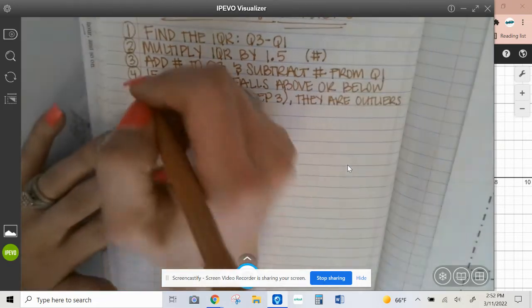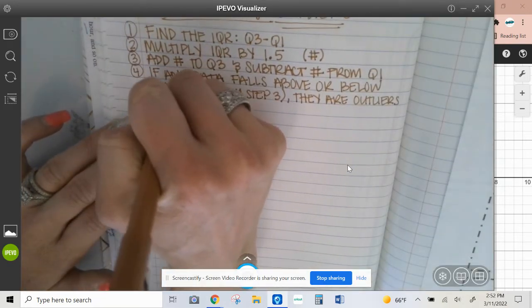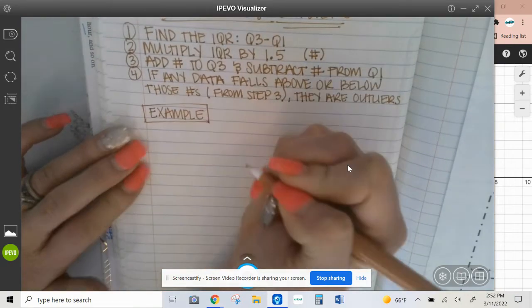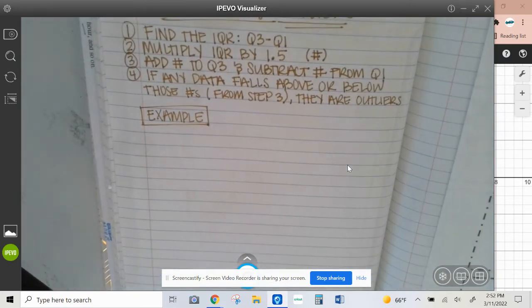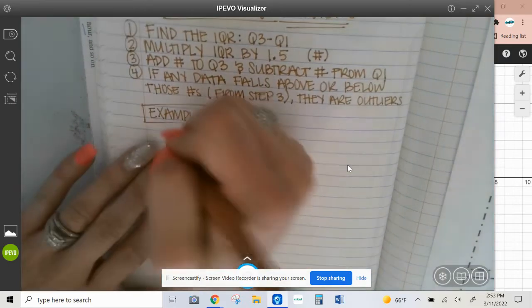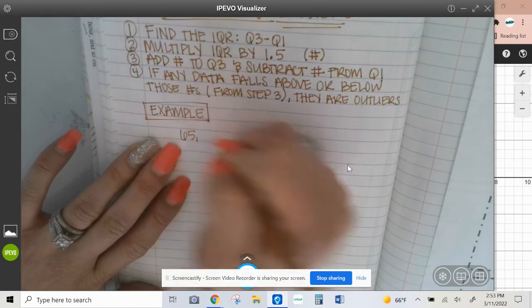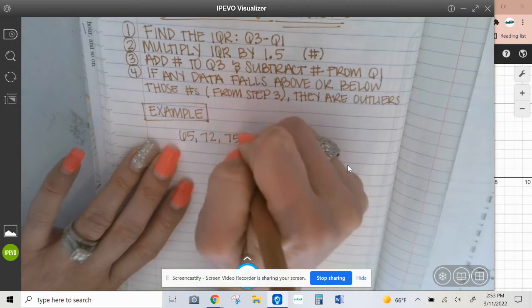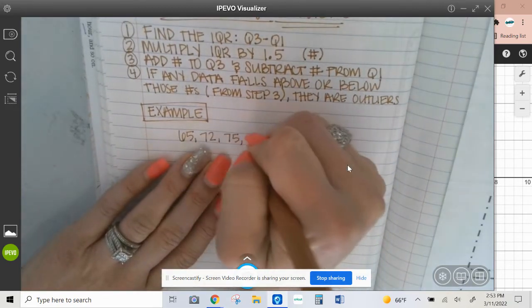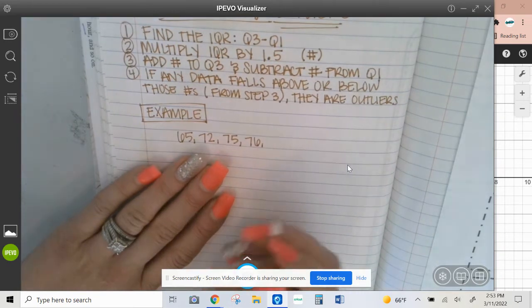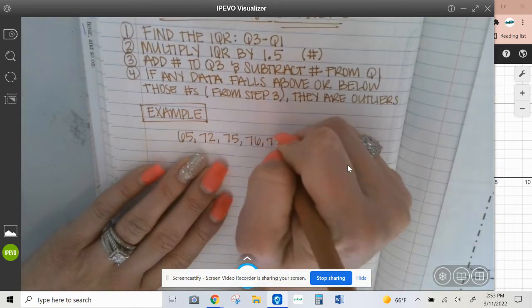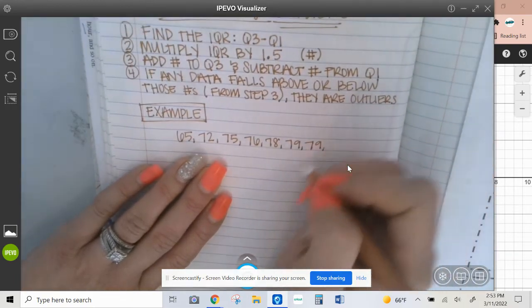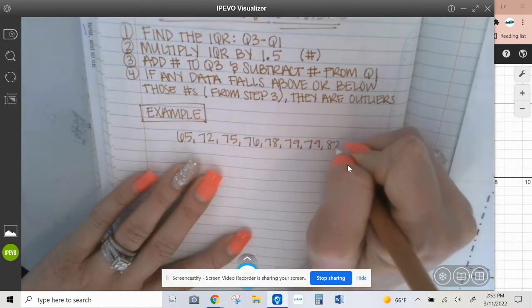All right, so let's do an example. Let's say I gave you the data set 65, 72, 75, 76, 78, 79, 79, and we'll use 82.